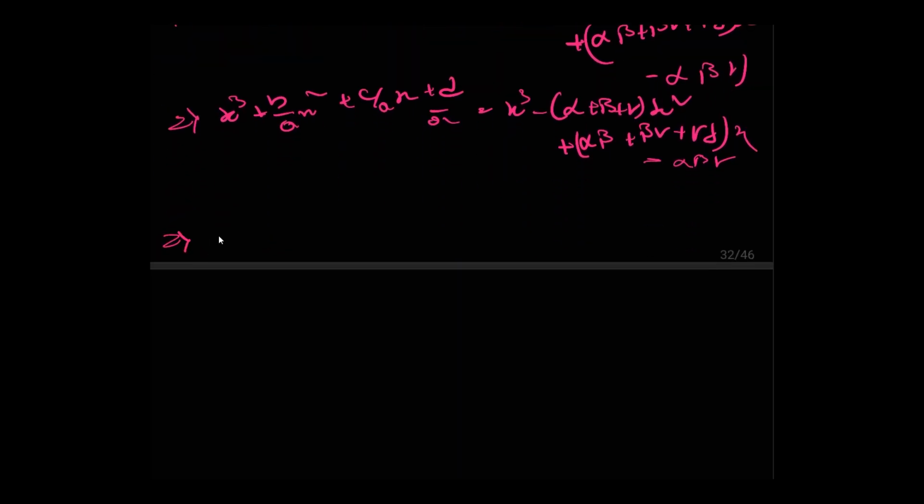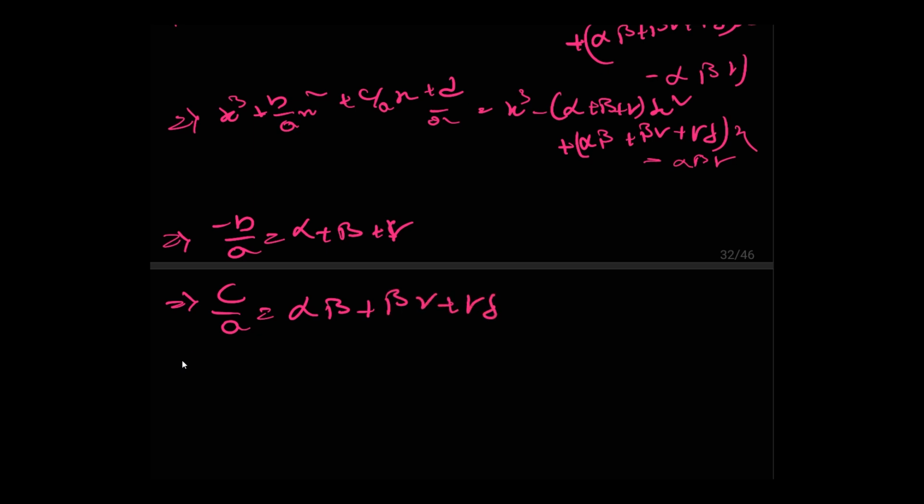That implies we get minus b by a as alpha plus beta plus gamma by comparing these two equations. c by a is equal to alpha beta plus beta gamma plus gamma alpha, and finally minus d by a is equal to alpha beta gamma.